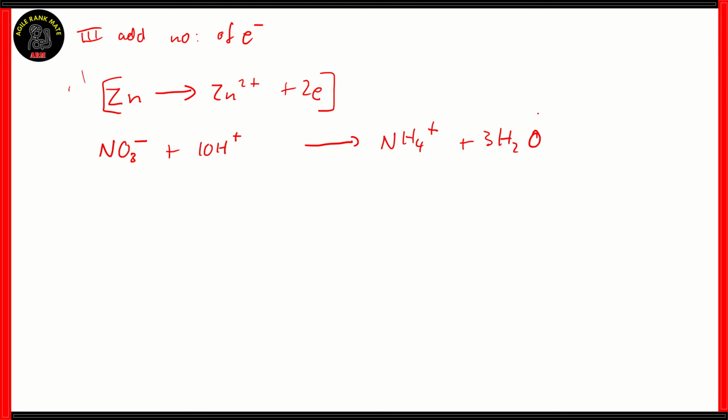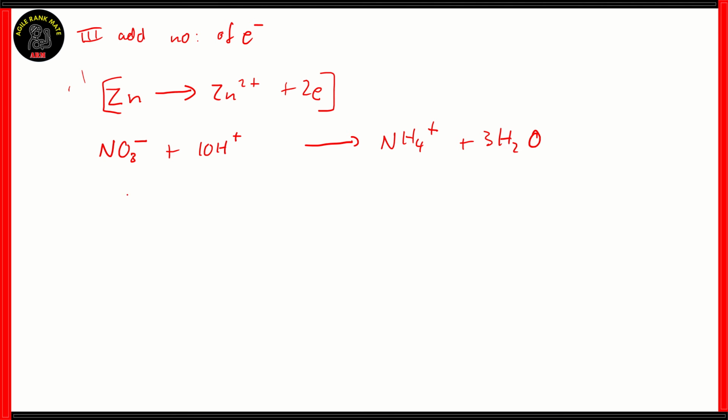Now, water does not have any permanent ions in it, so therefore it's neutral. However, we do have a positive charge here. Now, 10H plus means that we have a charge of plus 10. On the other hand, NO3 minus means that we have a charge of minus 1.